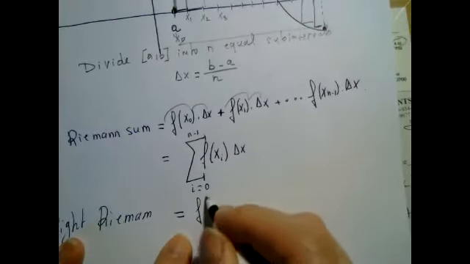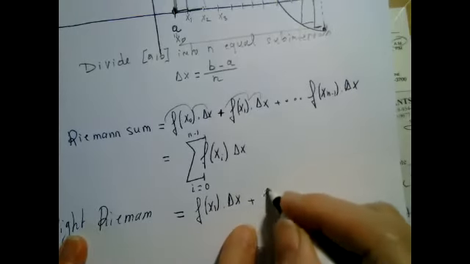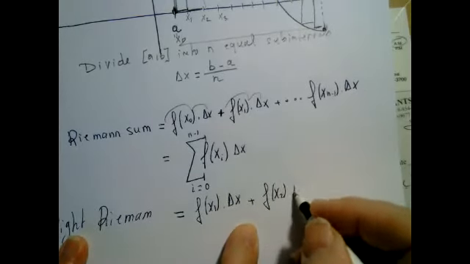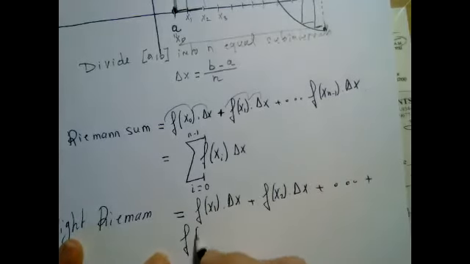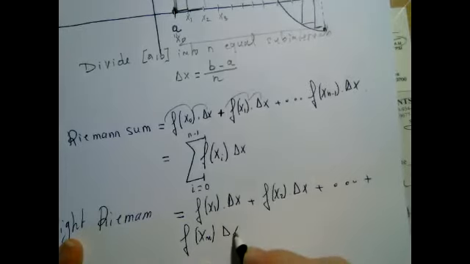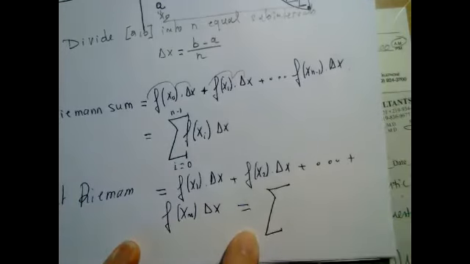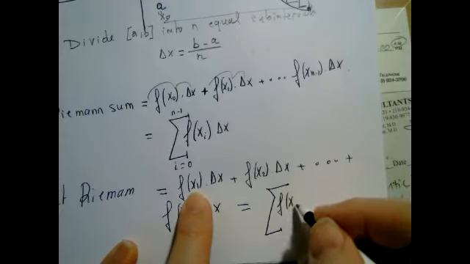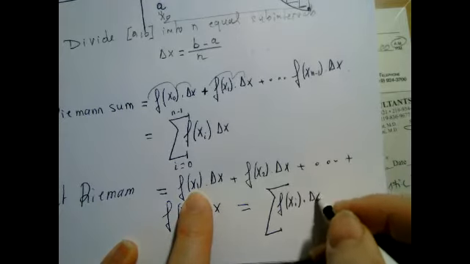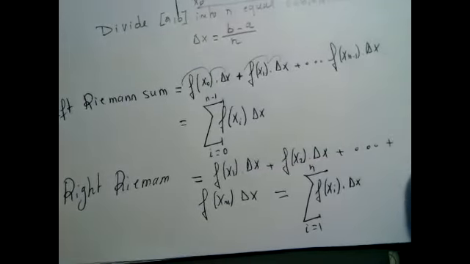I take f of x1 times delta x plus f of x2 times delta x plus, and so on and so forth, up to f of xn times delta x. So in sigma notation, I'm adding quantities that have the form, the value of the function at a point times the little bit of delta x. Okay, so that's left and right Riemann sum.